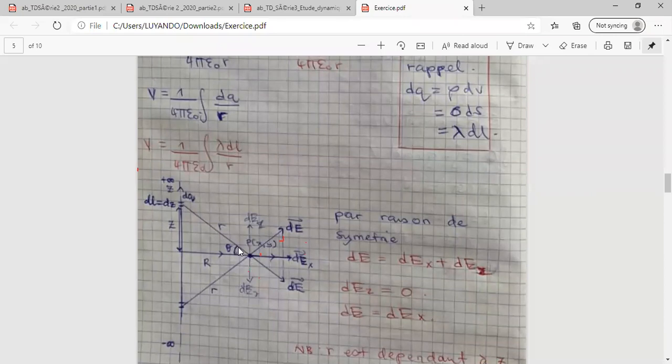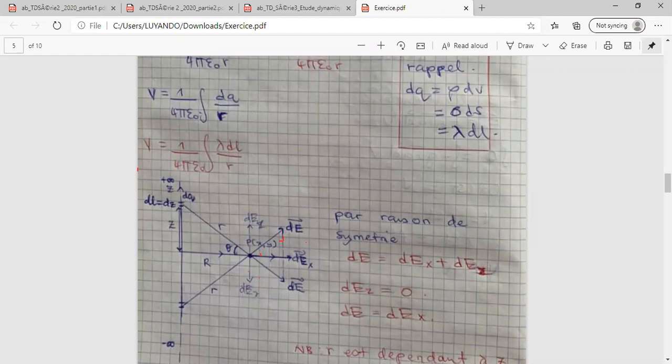So introduce our theta here. You can introduce any angle. You can call it alpha, or you can call it theta. In this case, we use theta. So introduce angle theta here for our trigonometry. So now we have a hypotenuse, an adjacent, and an opposite. So our R squared is equal to Z squared plus R squared.